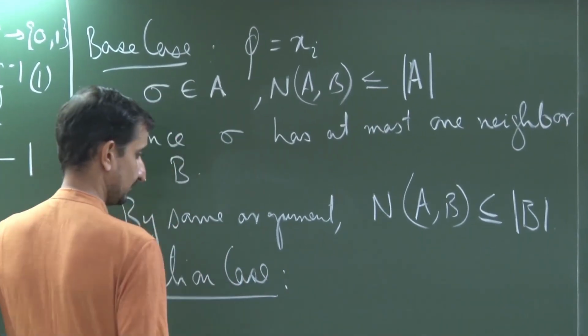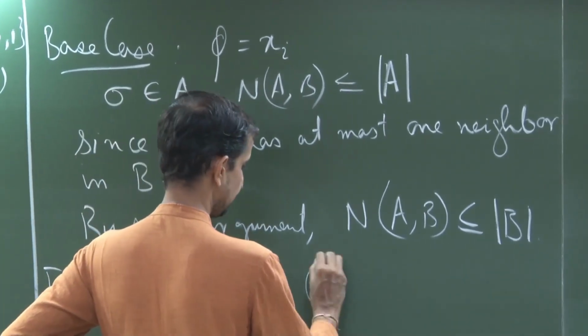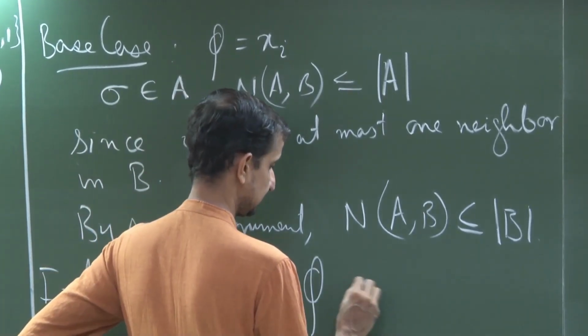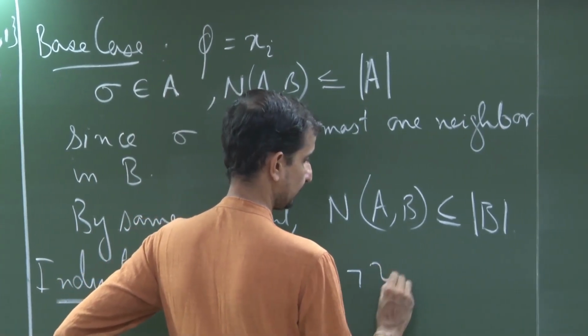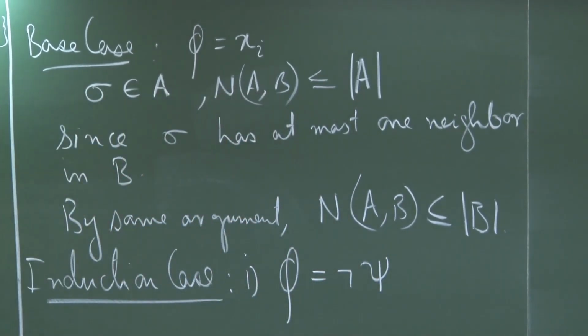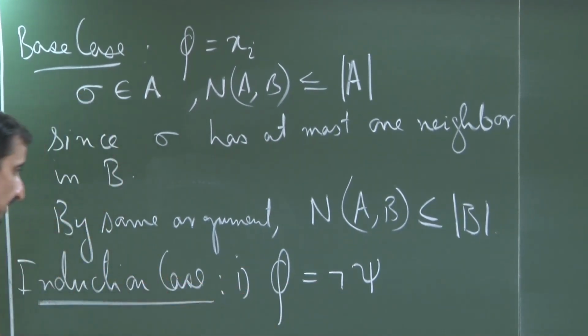Okay. So, the first part is when, let us say, phi is equal to not of some formula psi. So, if phi is not of psi, now let us consider the possibilities.